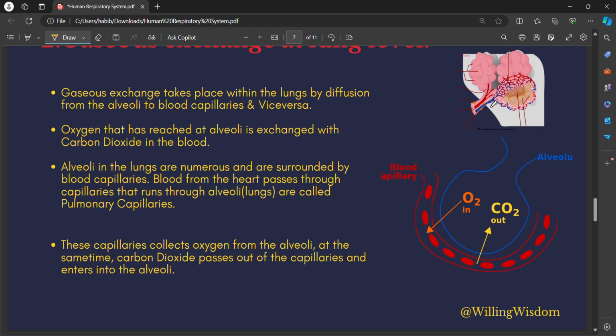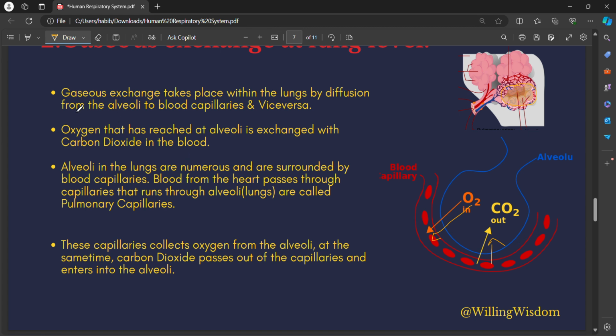Here the exchange of gases mainly occurs between the blood and the alveolus, as you can see here diagrammatically. The oxygen will be entering into the blood capillaries and the CO2 will be released from the blood capillaries and will be entering into the alveolus through the alveolar membrane.